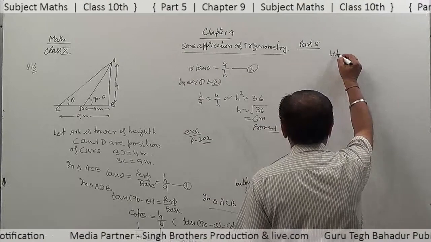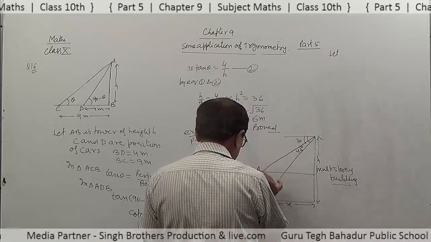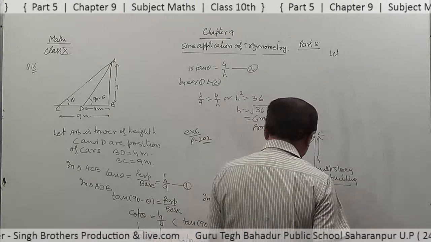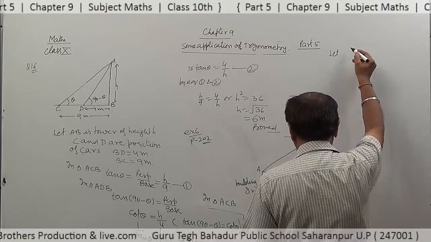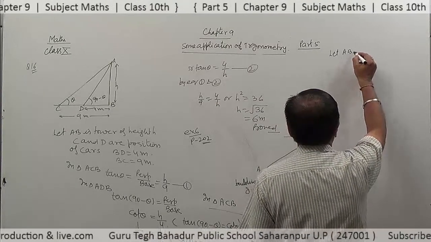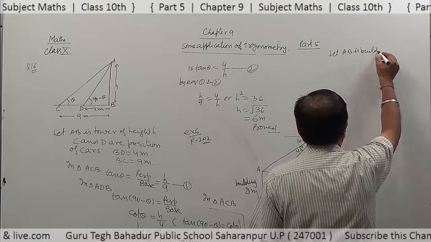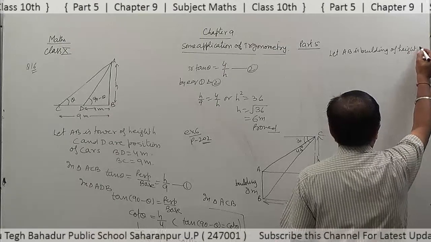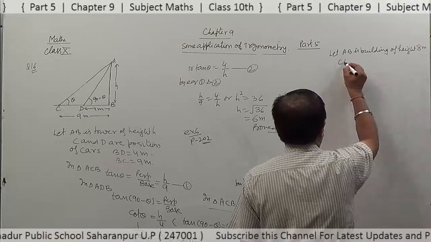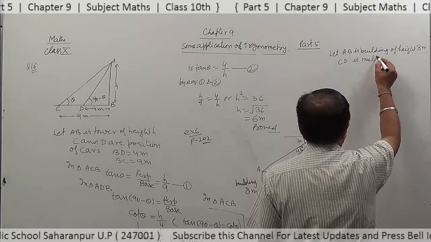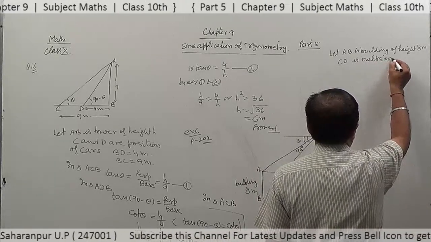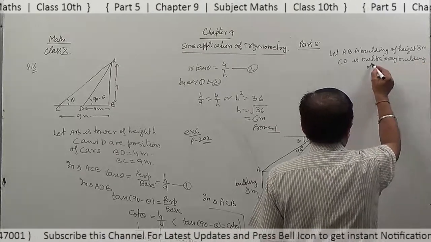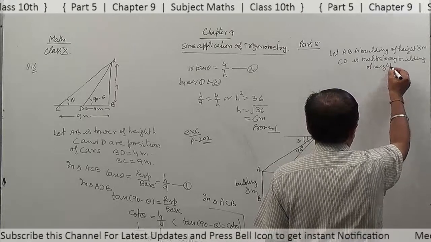Let this be AB, this is CD, and this is point E. Let AB be the building of height 8 meters, CD is the multi-story building of height h.